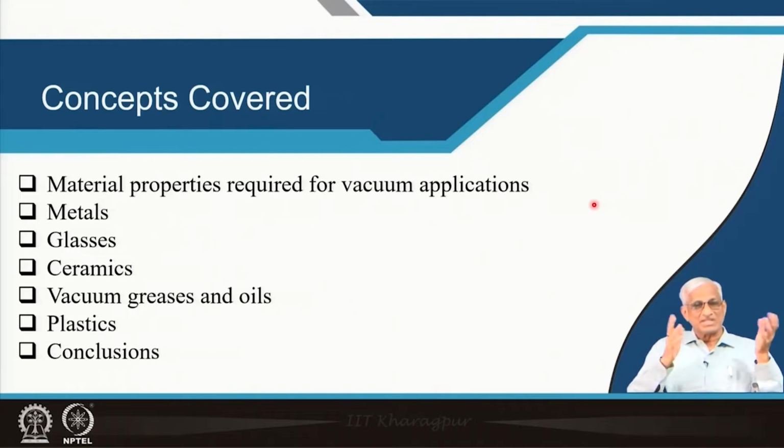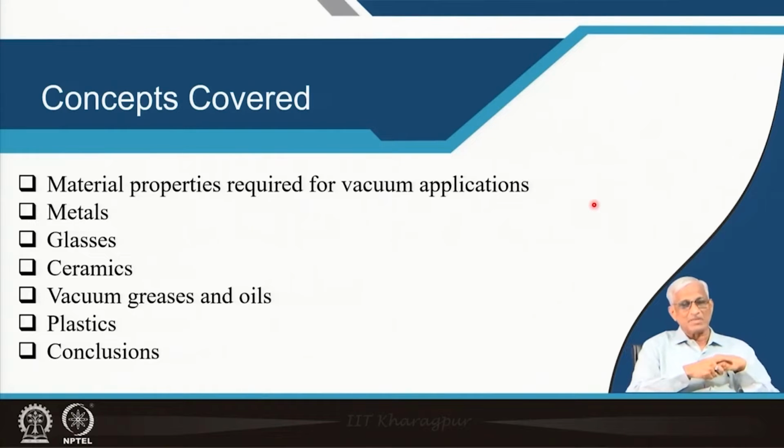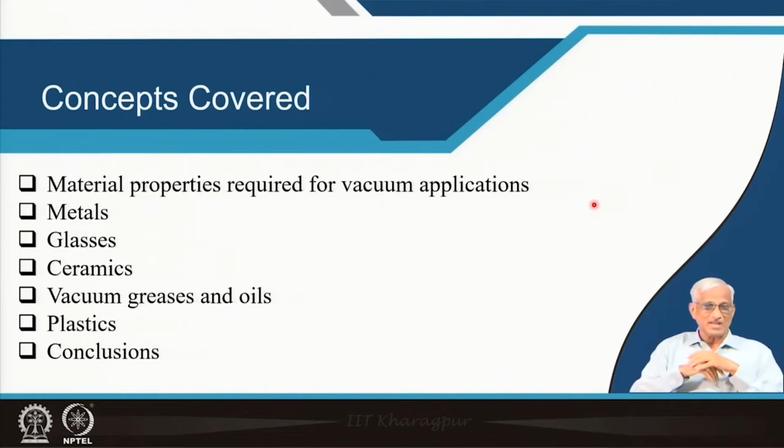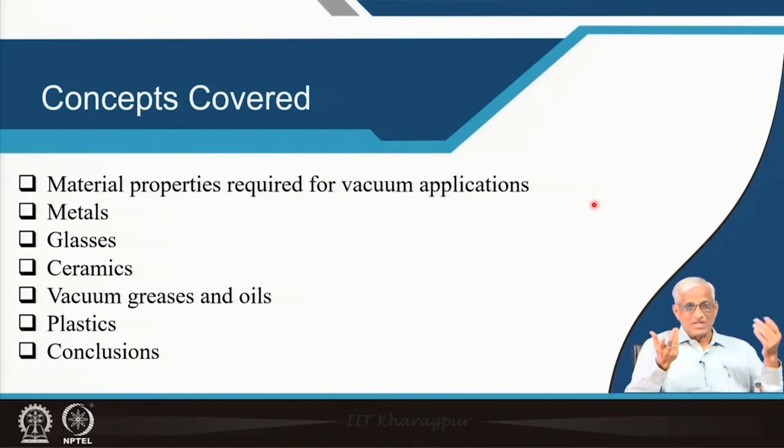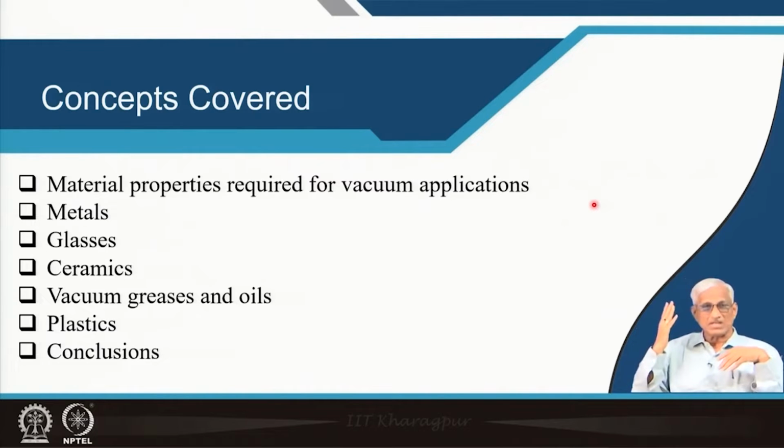Then we will see some greases and oils which have to be used up to some level of vacuum. We will also see some cheap, cost effective materials like plastics or mild steel, etc., when to use. In certain high tech applications, we cannot afford to think of cost, because the application is so costly.